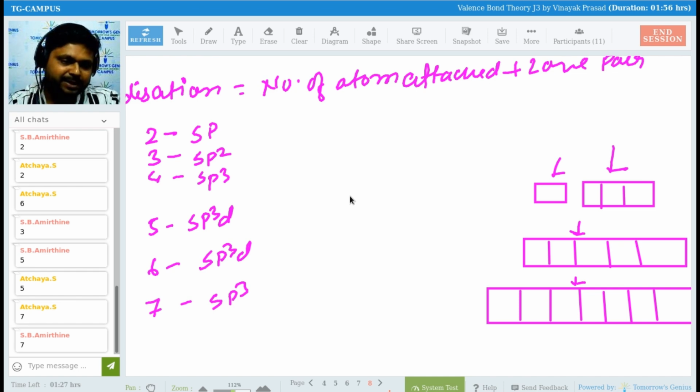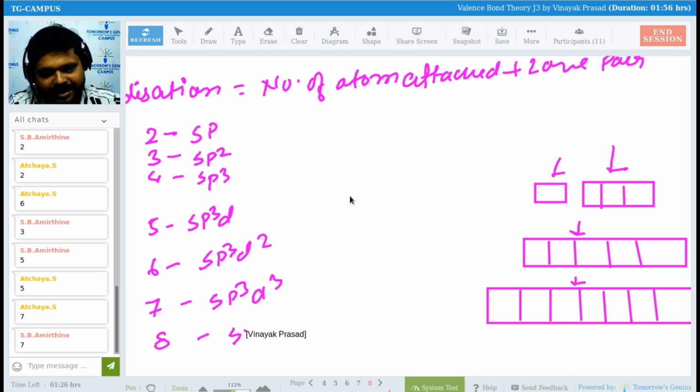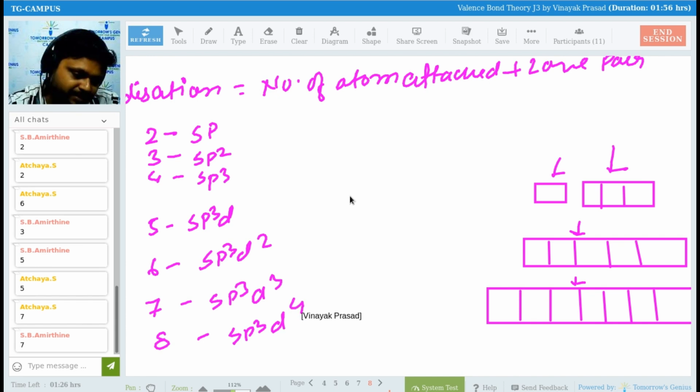Can anyone tell me? For 5 sp3d, for 6 sp3d2, for 7 sp3d3, can we write like this? If I am saying 8, then sp3 and how many d will there be? 4 d will be there.